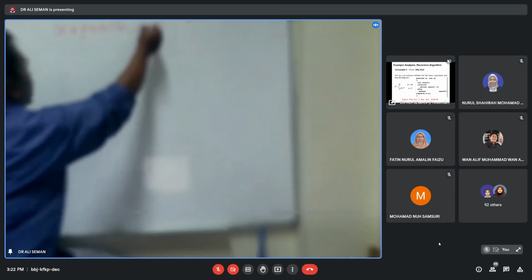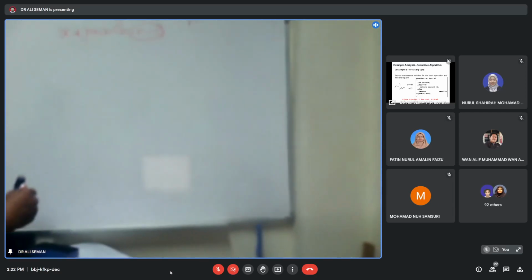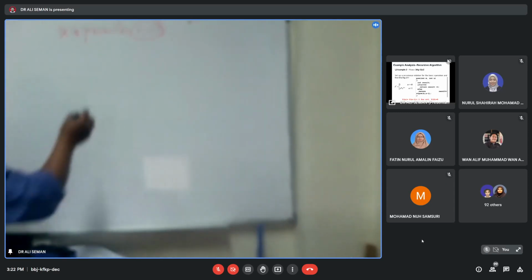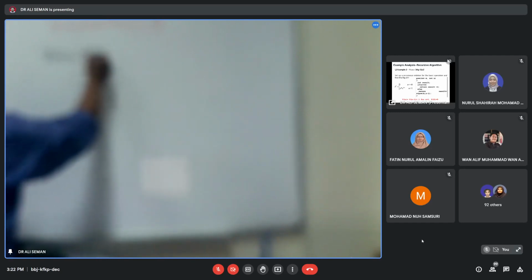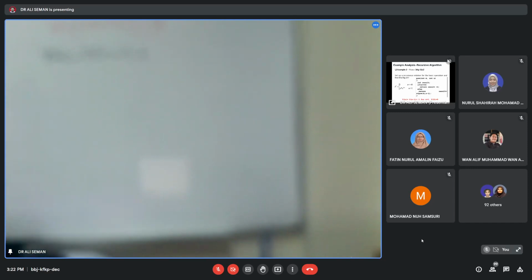But we only need to accept this. So for the second step, to set up the recurrence relation, T of n equals T of n minus 1 plus what? Is it plus n?